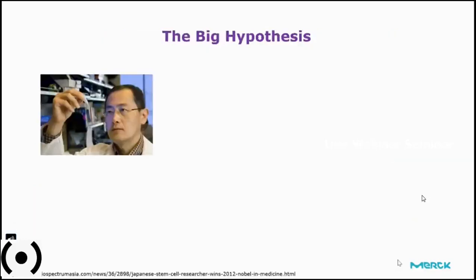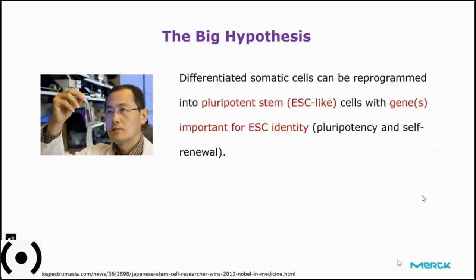So what was the hypothesis behind this great discovery? Yamanaka hypothesized that differentiated somatic cells, please, I need your attention over here, differentiated somatic cells can be reprogrammed into pluripotent cells with a set of genes which are important for embryonic stem cell identity.